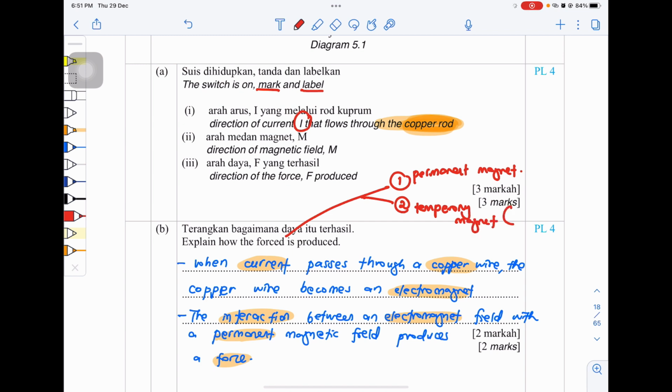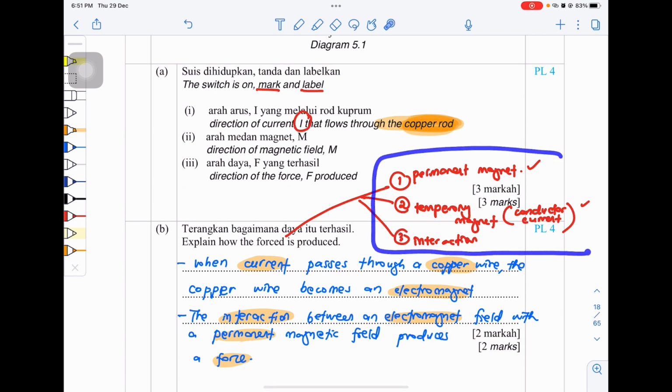This is when we have a conductor, and that conductor has current flowing. Okay, and then both of the magnetic fields, the interaction of the two magnetic fields. So that's the answer. So this one you have to understand, and then you write in a complete sentence.